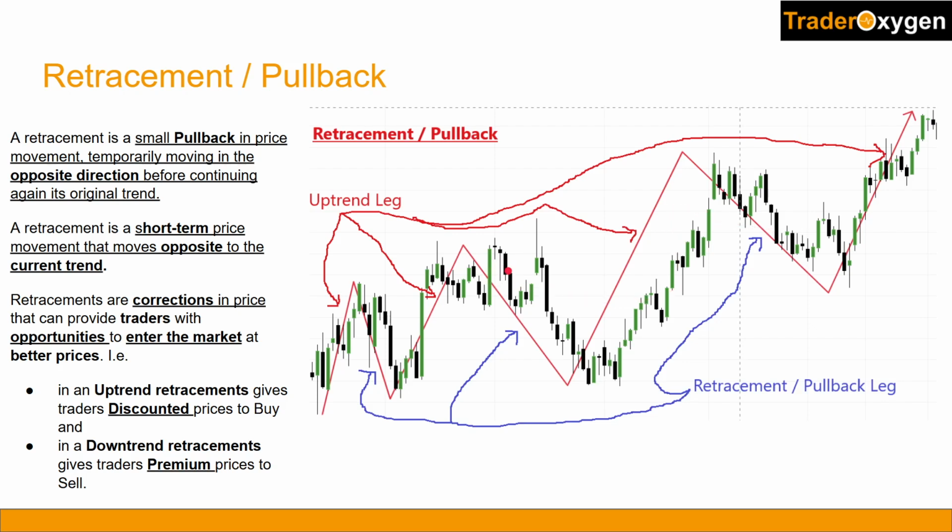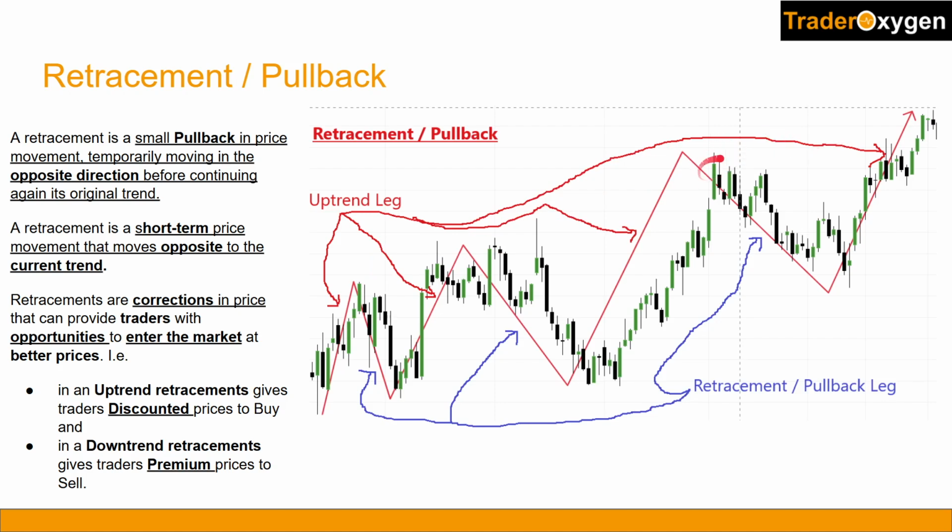So why are there retracements? Because retracements are corrections in the price that can provide traders with the opportunity to enter the market at a better price. What does that mean? In an uptrend, usually traders buy. That's true.